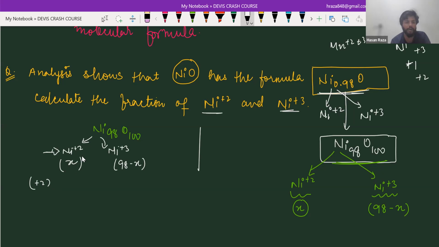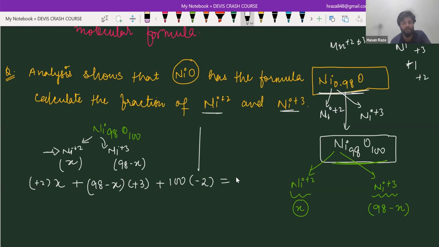What is the number of nickel existing as +2? X. Now nickel existing as +3 has number 98 minus X, and the oxidation state is +3. Now, what is the number of oxygen? 100. And the oxidation state of oxygen is minus 2.